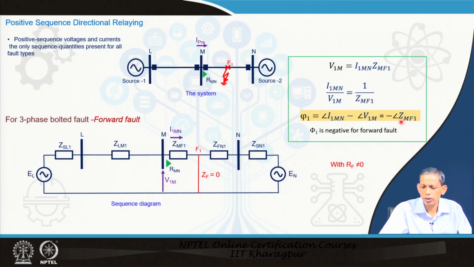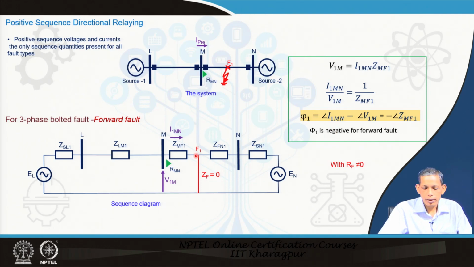That is nothing but the impedance of the line. So, the impedance of the line being positive, for this forward fault which we are considering, phi 1 will come to be a negative value.